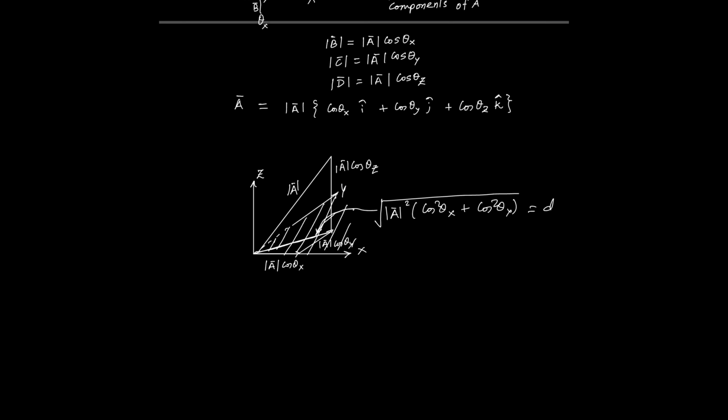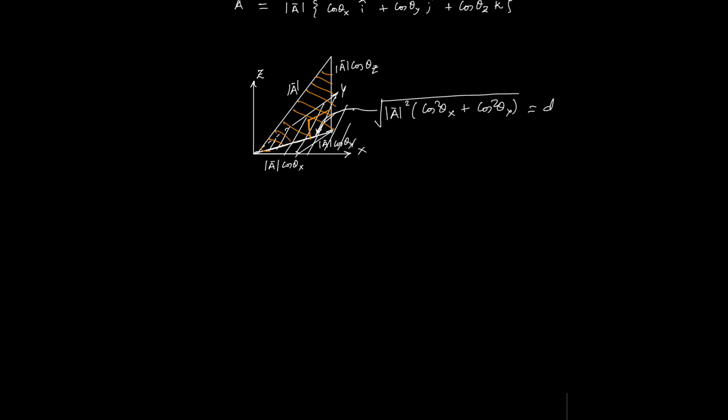So again using Pythagoras theorem in this triangle, and this triangle is in fact 90-degree here. It's a three-dimensional situation. So using Pythagoras theorem again, we can write mod A square is equal to d square, that is this side, plus mod A cos theta z square.